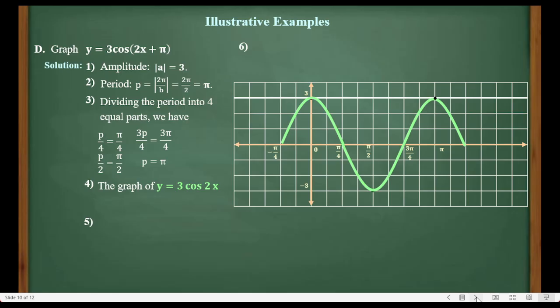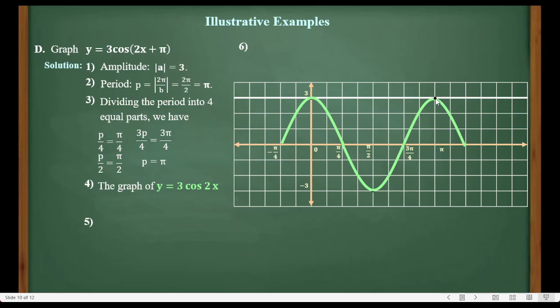Now, actually, the appearance of one cycle of the graph is from here up to this point. The excess is part of another cycle on the left. This is also part of another cycle on this side.